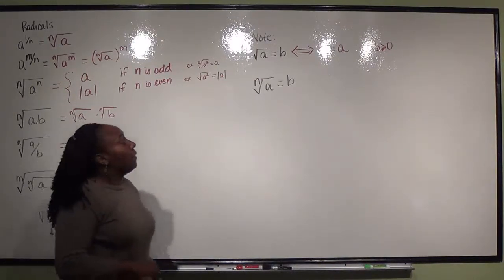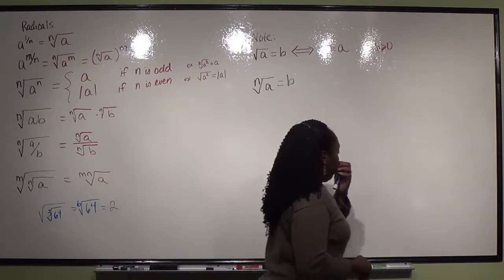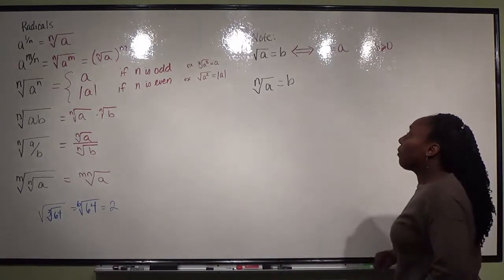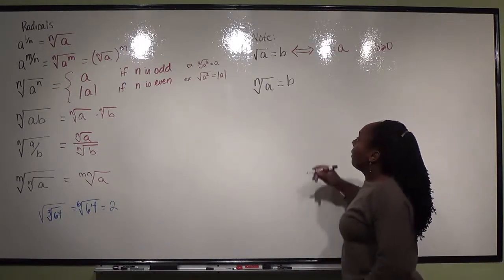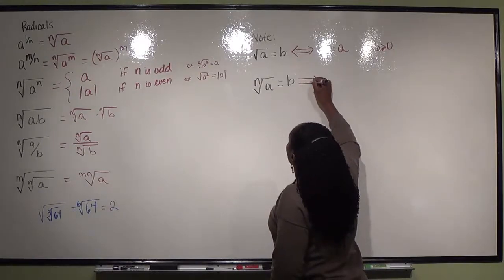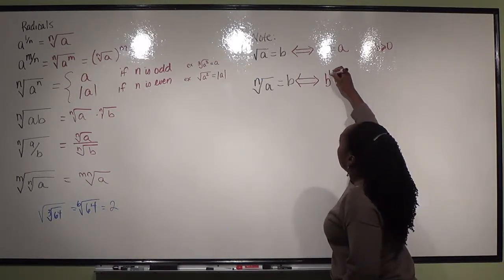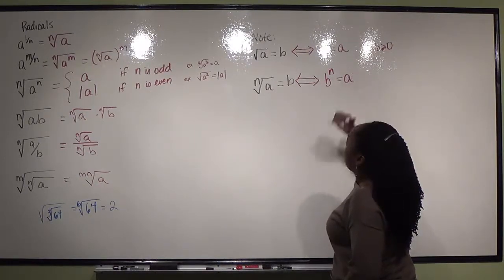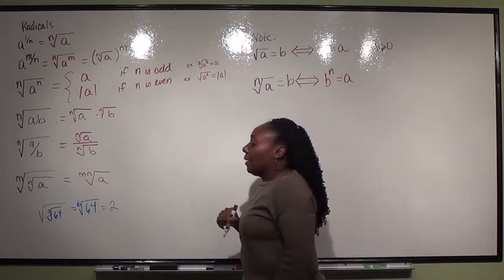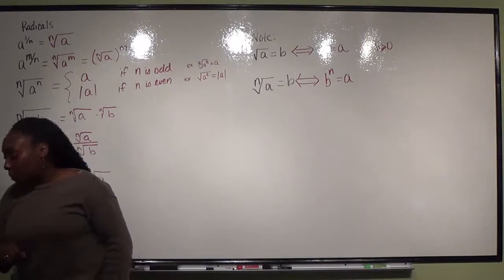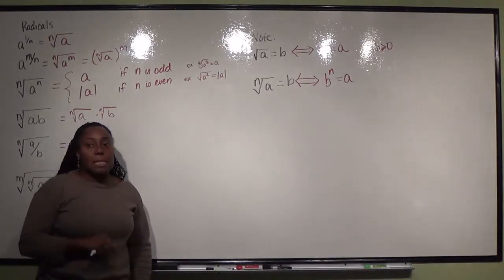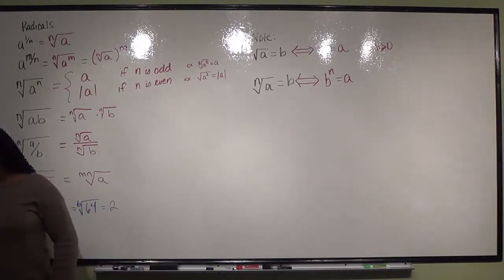Likewise down here, if I'm looking at the nth root of a equaling b, this is also an if and only if. This tells me that b to the n has to equal a. So if the nth root of a equals b, then b to the n equals a.